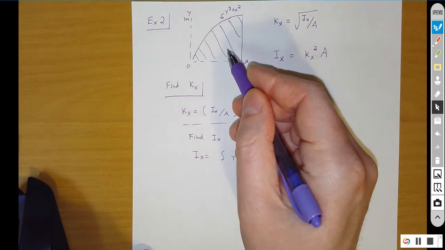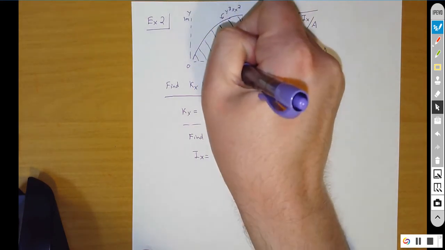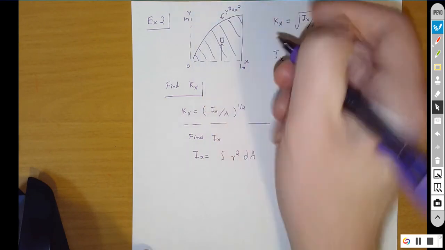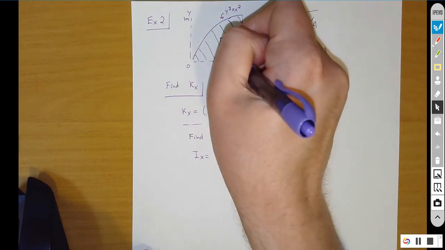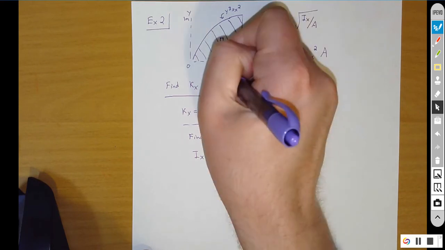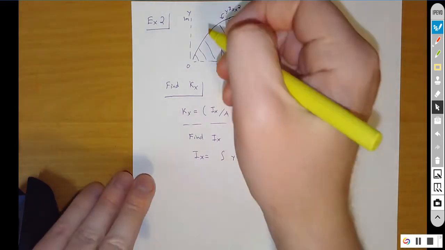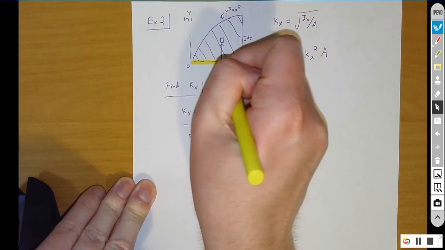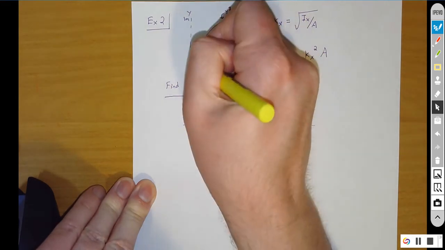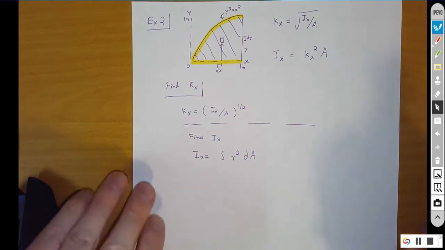Just like last time, we'll make a differential area. This time we're going to measure up to it from the x-axis. So we're going to have our y direction. We still have our dy. We still have our dx. The integration is going to be the same set, so we still want to go from y equals 0 to y equals x to the 2/3 for the same reason as problem 1.